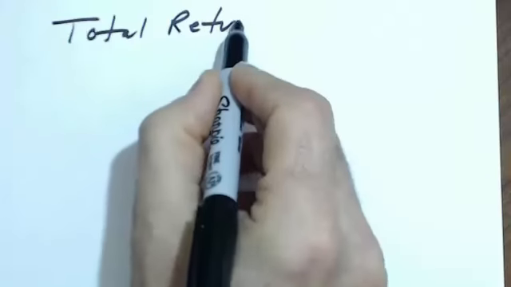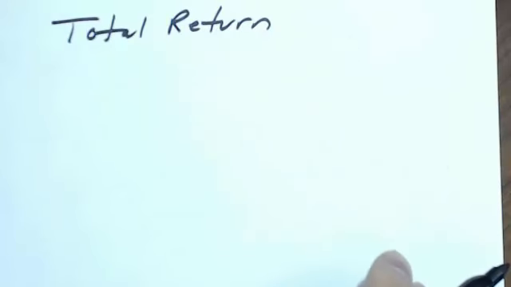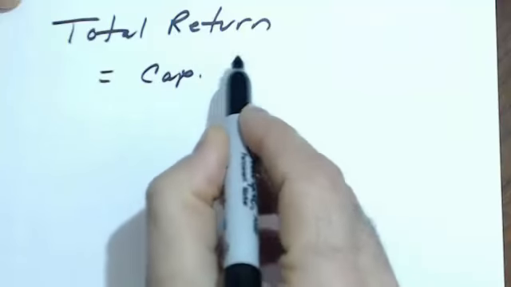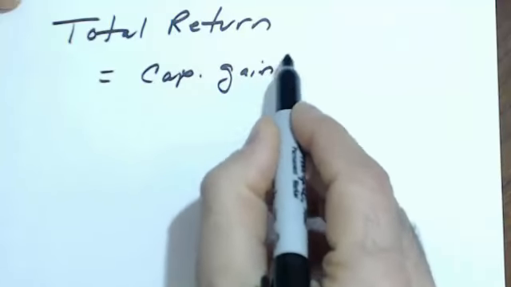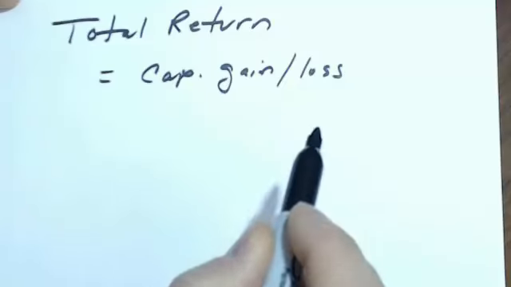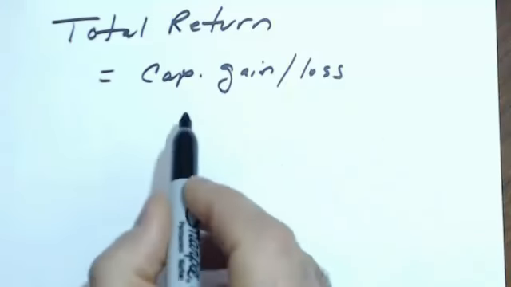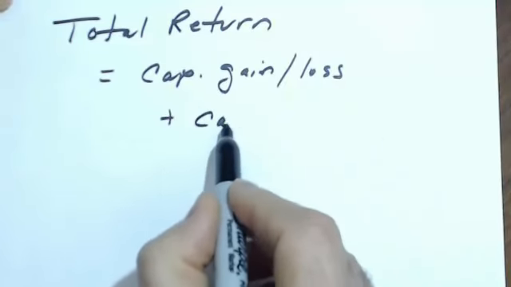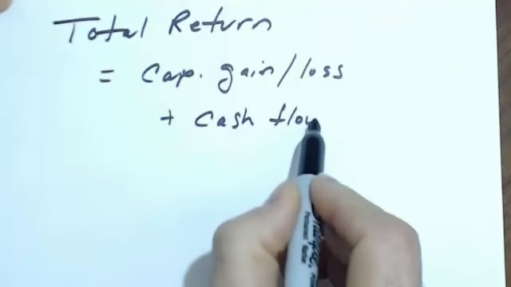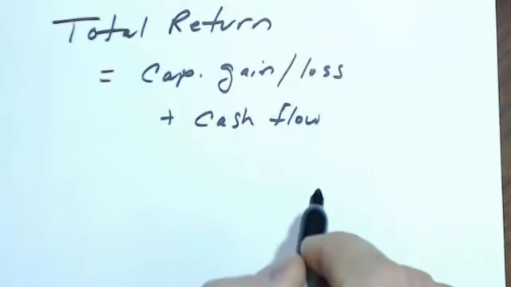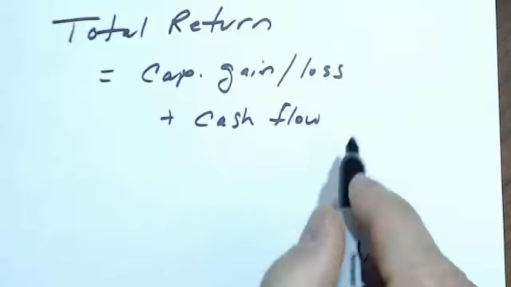The first thing we want to look at is the components of total return. The total return of any investment is composed of two components. It's composed of a capital gain or loss, which is really price appreciation or depreciation, plus some type of cash flow that the instrument throws off or generates.